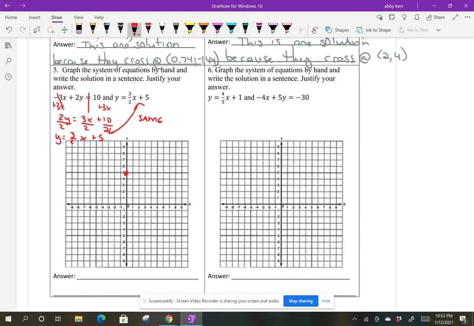Going to begin at positive 5, go up 3, right 2, and then go down 3, left 2.